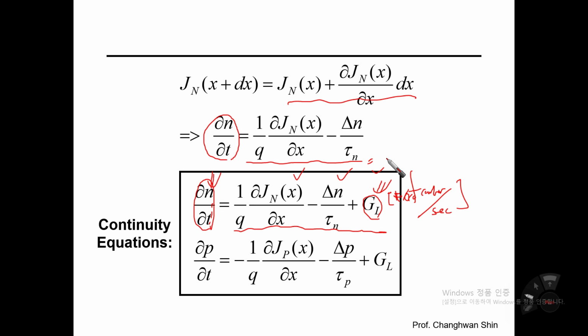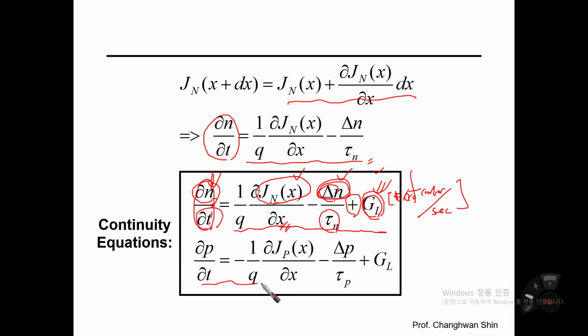So how much the current density has been modified along the x direction, how many excess electron carriers are recombined with the majority carriers for a given lifetime, and how many new electron-hole pairs, how many new holes and new electrons, are created by light, these terms contribute to ∂n/∂t.